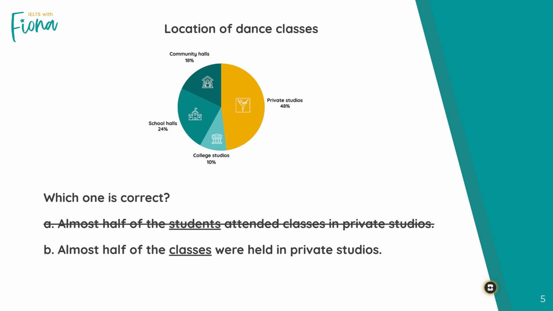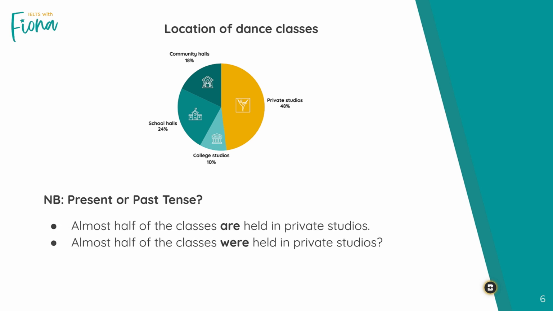Almost half of the classes were held in private studios, because this is all about where the classes were. It's not about the number of students who went to the classes. In fact, we don't know that. And this causes a lot of problems, which I'll talk about today.